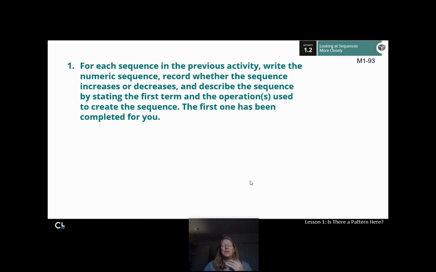For each sequence, they gave you the problem name, and you're going to write the numeric sequence, record whether the sequence increases or decreases, so is it going up or is it going down, and then describe the sequence by stating the first term and the operations used to create the sequence. I did the first one for you.